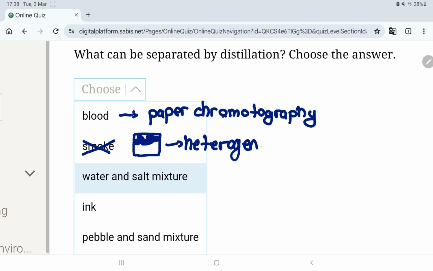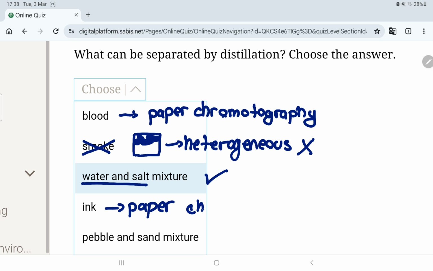Heterogeneous mixture. So it's wrong. Water and salt, water and sugar, yes. Ink, we said, is also paper chromatography.